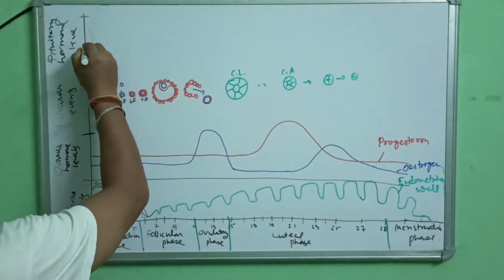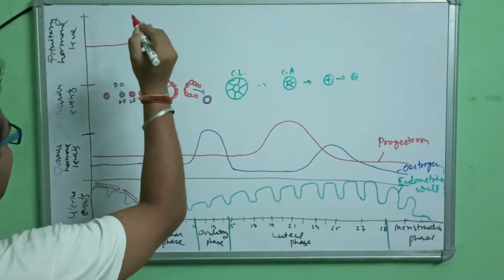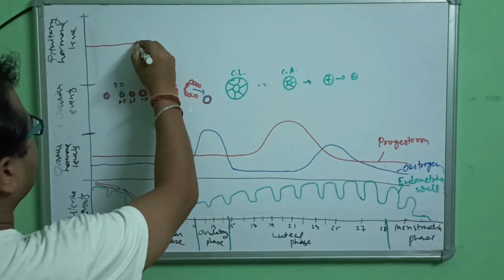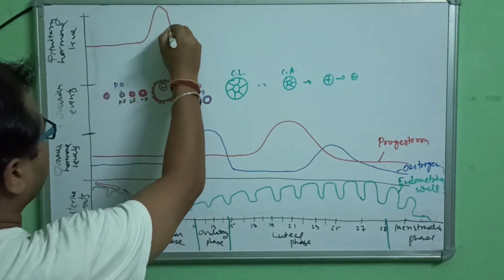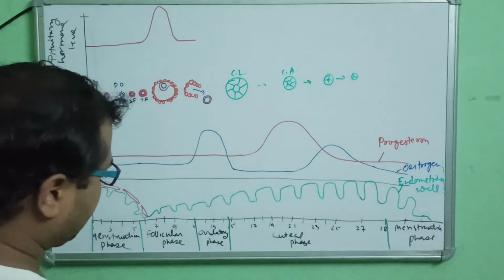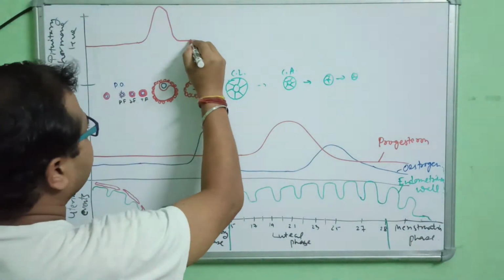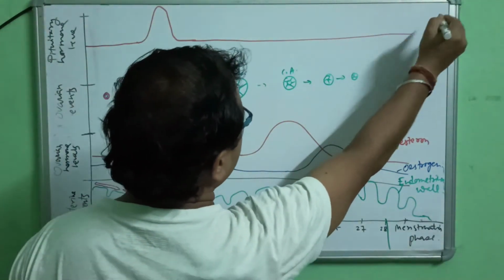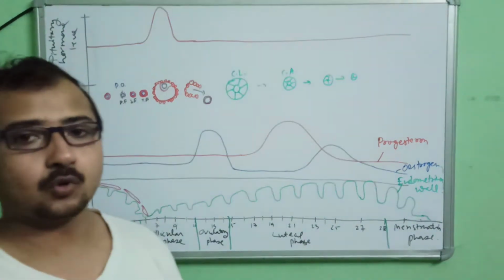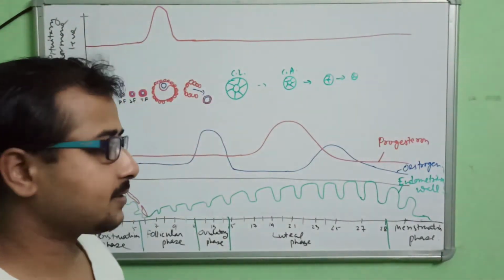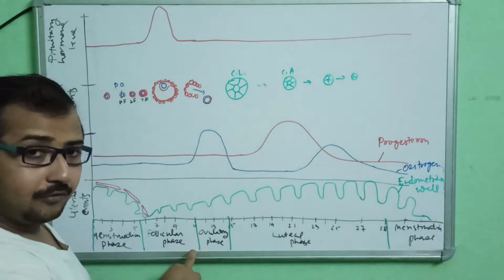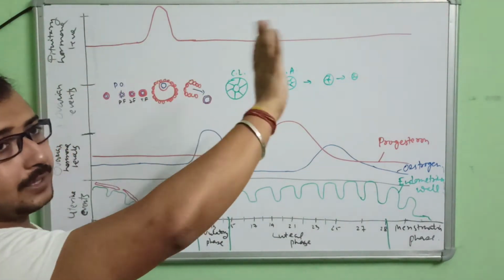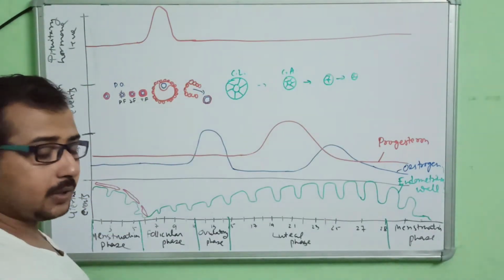In the follicular phase, the FSH increases to a very high amount. Then slowly, the follicle's function is finished, so the follicular hormone's role is also finished. Follicles develop in the follicular phase, so this role is also finished, and the level goes down.